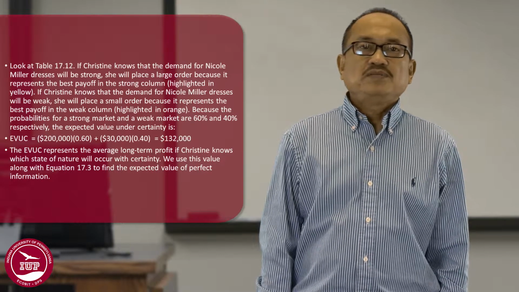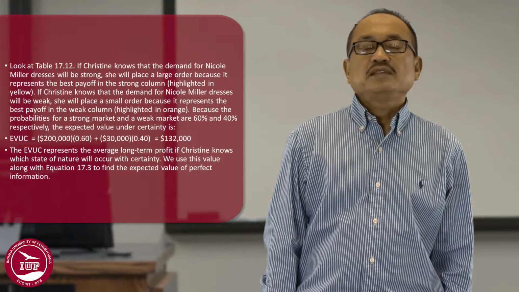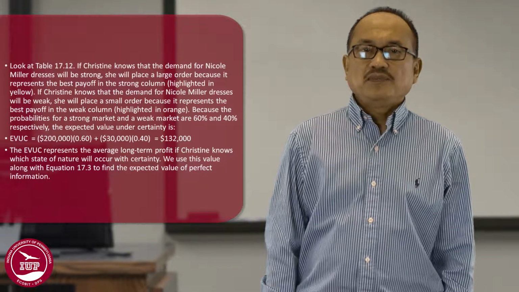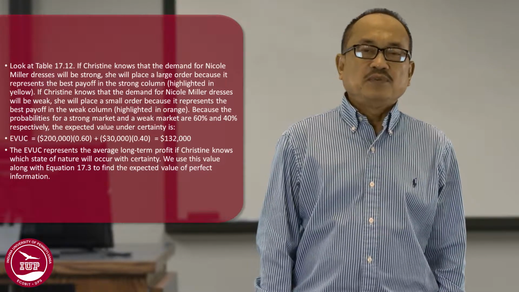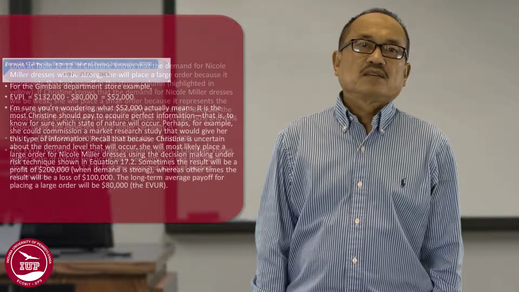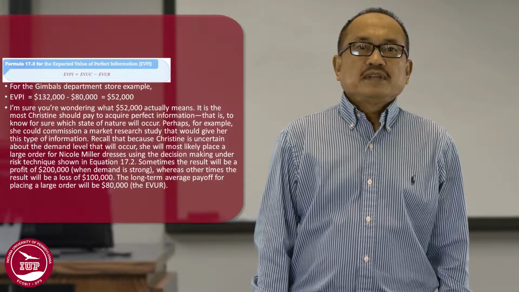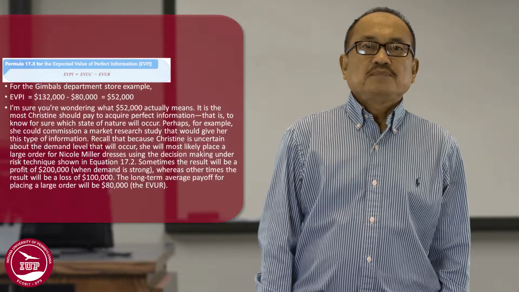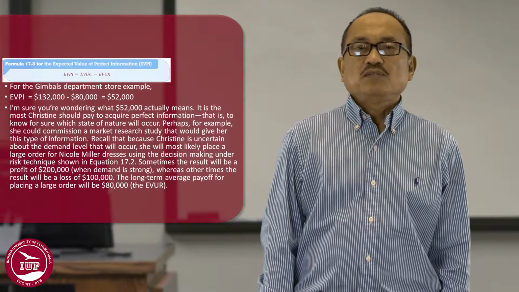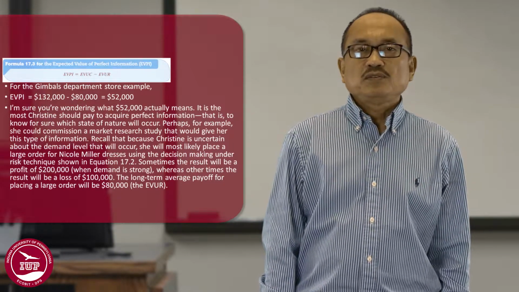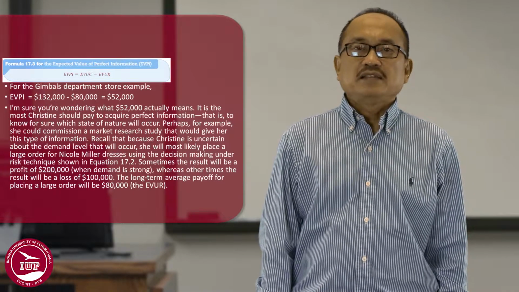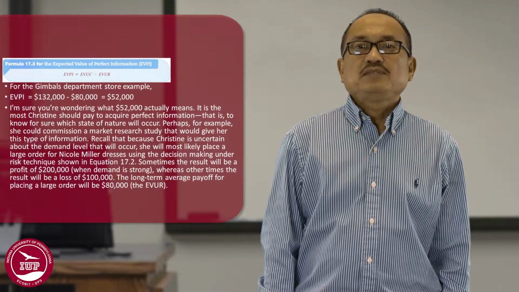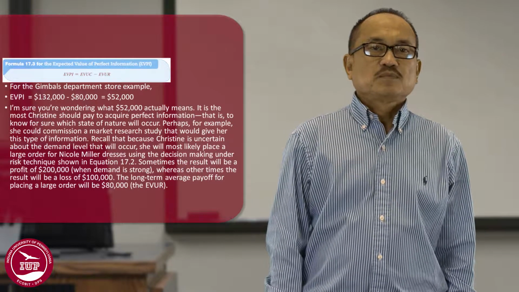We use this value along with equation 17.3 to find the expected value of perfect information. For the Gimbel department store example, EVPI is equal to $132,000 minus $80,000 is equal to $52,000.